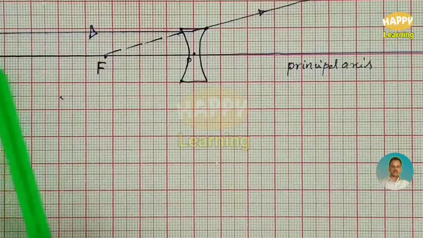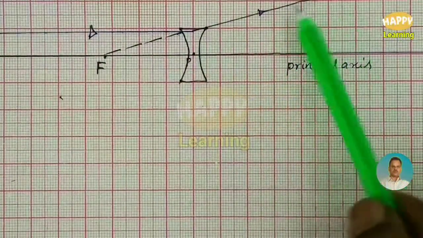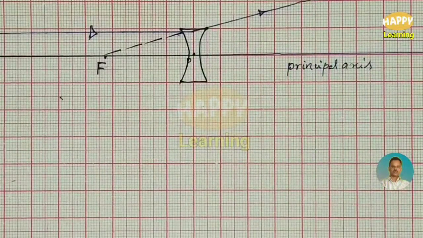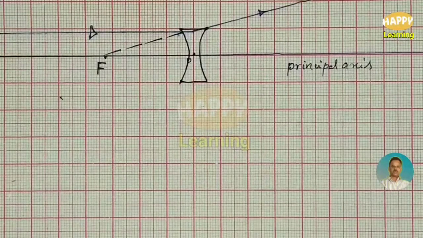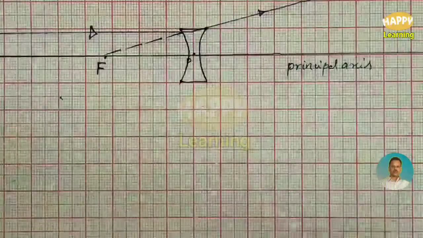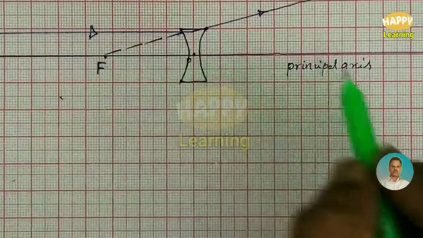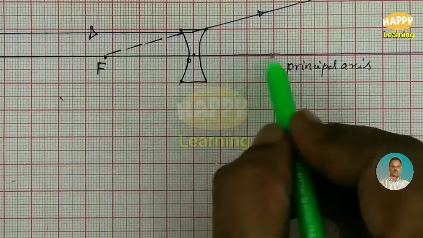So initially it was parallel to the principal axis. Later it appears to be coming from this focus. Then second, suppose at the same distance you have 1, 2, 3, 1, 2, 3.